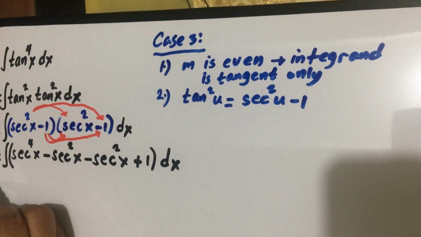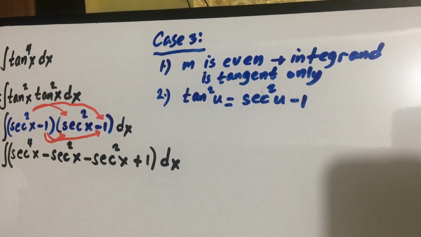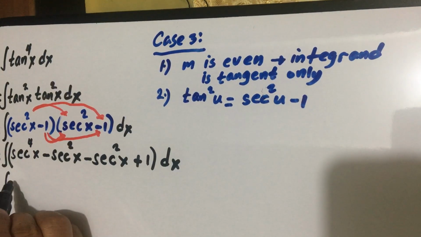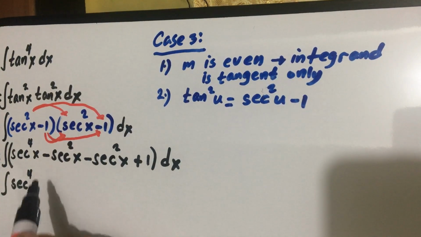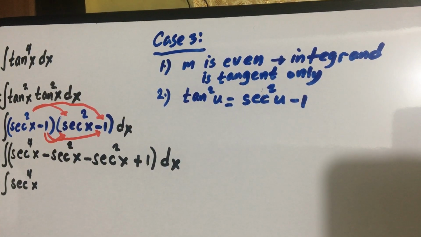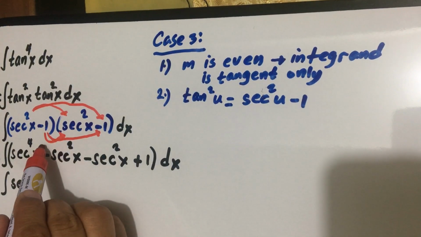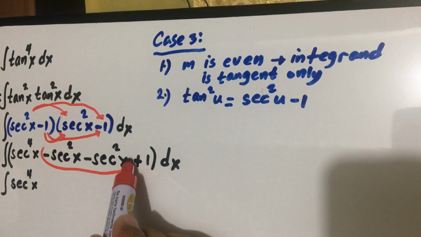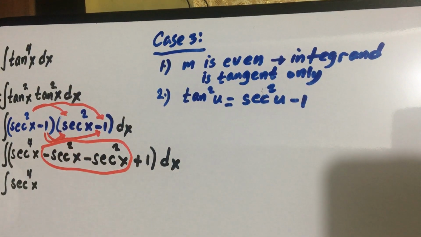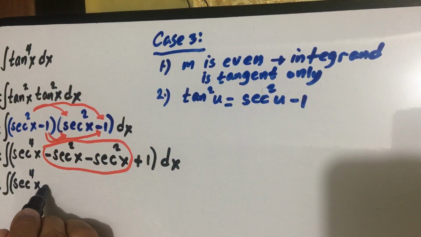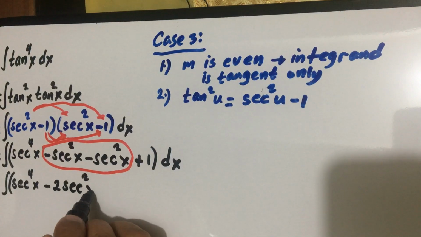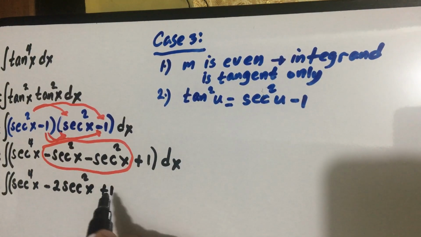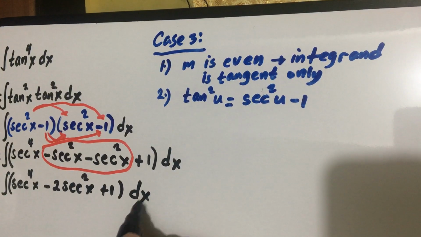Or we can rewrite this as the integral of secant to the fourth x, then we can combine these terms, as they're just the same. Combining them, this is minus twice secant squared x, then plus 1 times dx.